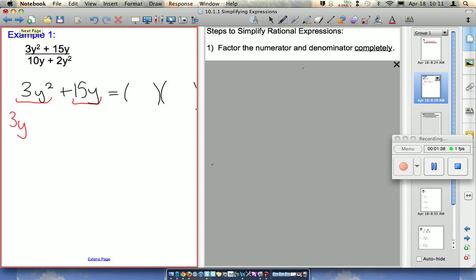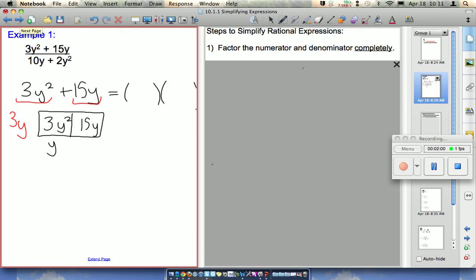So when we factor completely, we have to start sometimes with a smaller rectangle and find that common factor, like 3y. So I'm factoring out 3y, and remember my sum goes on the inside. And I think about 3y times what would give me 3y squared? Well, 3y times y.